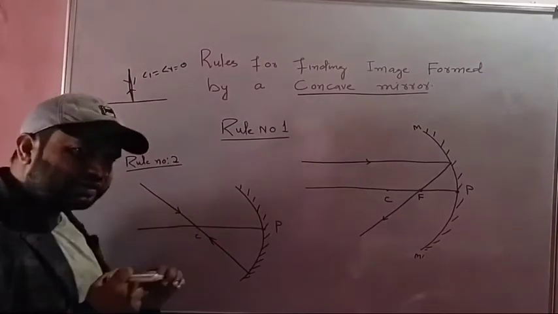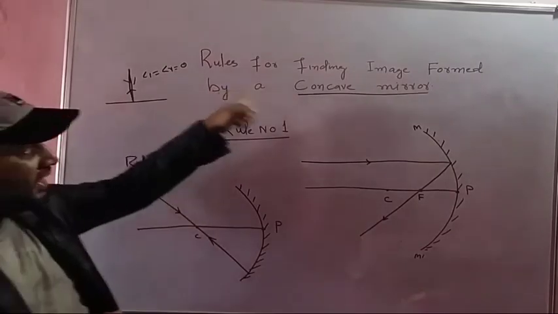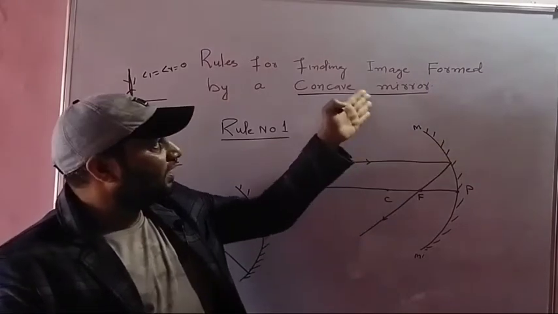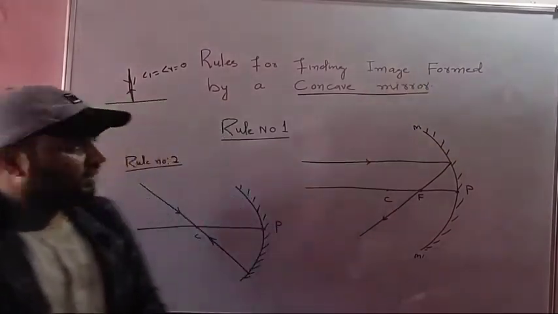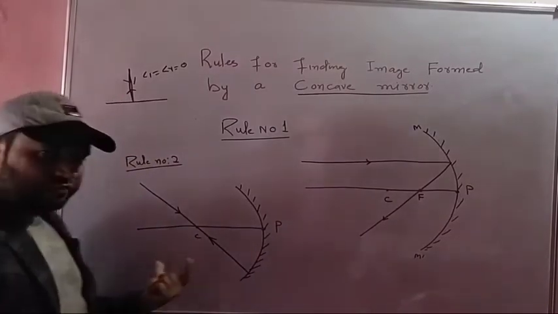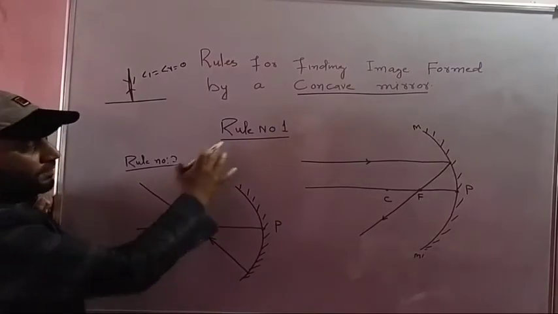So I don't have to discuss these, but here I'm going to discuss only the rules that you have to follow when you are supposed to draw the image formation in case of concave mirrors. So what is the rule number second? Shabash beta, it is very easy to remember. Rule number first मैंने क्या बताया?